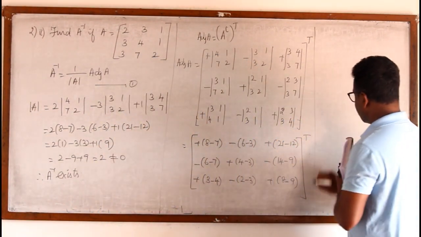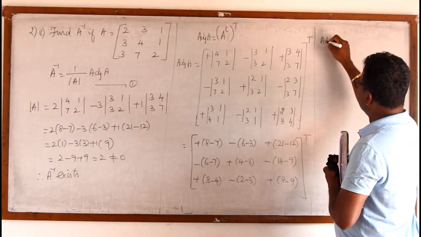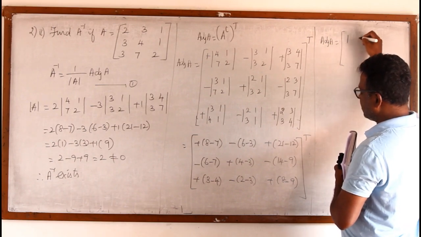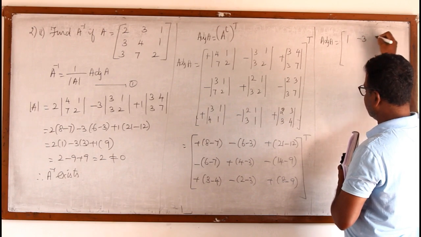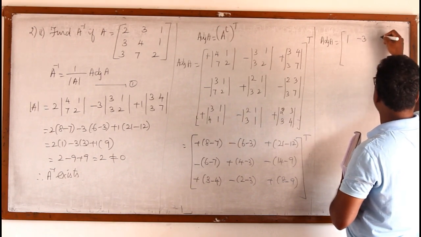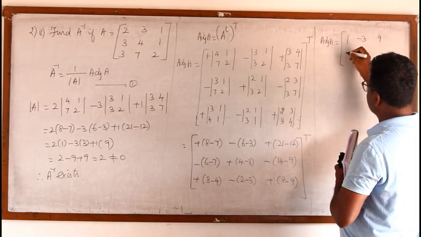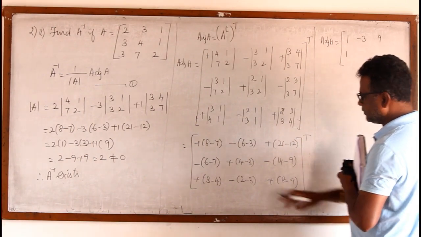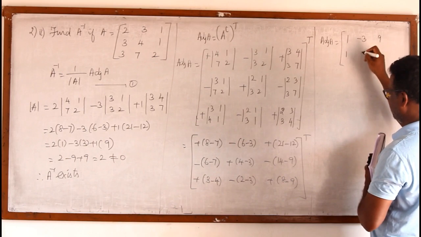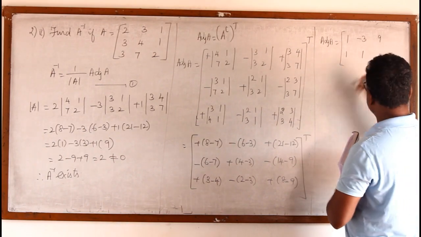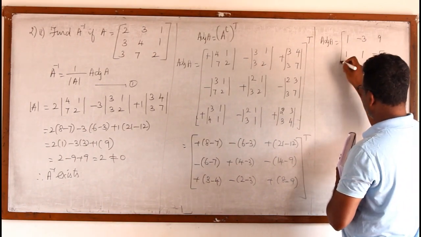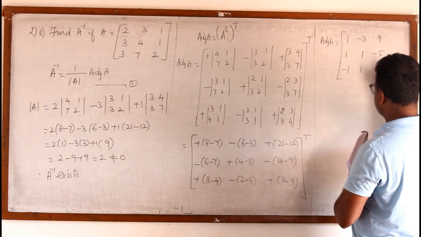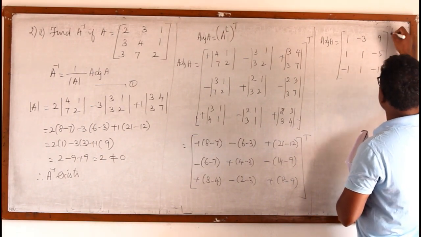Therefore, adjoint of A equal to 1. It is 3, so minus 3. 12 minus 21 minus 12, 9 plus 9. It is minus 1 but plus 1. So 4 minus 3 plus 1. 14 minus 9, 5, so minus 5. 3 minus 4 minus 1, 2 minus 3 minus 1, so plus 1, it is minus 1, transpose.